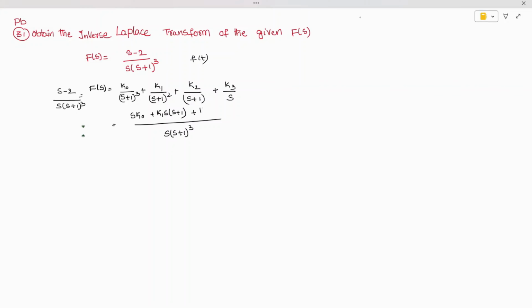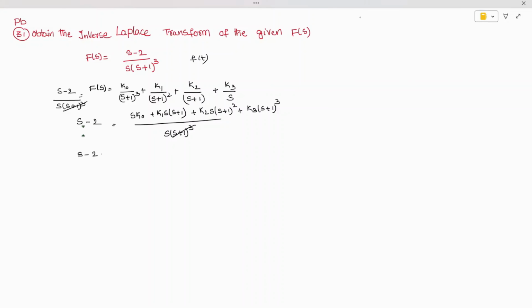So plus k2 into s plus 1, and s plus 1 will cancel, then you're going to get (s plus 1) whole square, and k3 into s will get cancelled, then you'll get (s plus 1) whole cube. Let us try to expand it and write down the terms. So this denominator and this denominator will cancel, and in the numerator we are having only s minus 2.